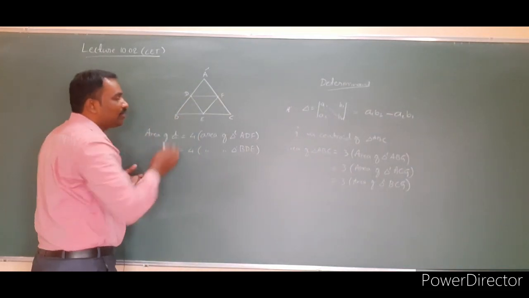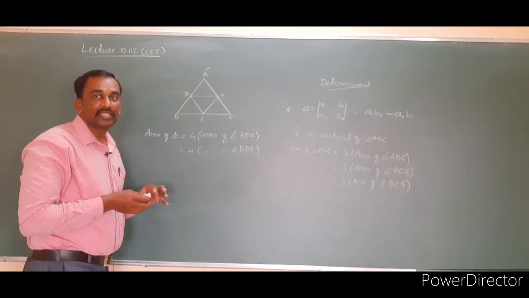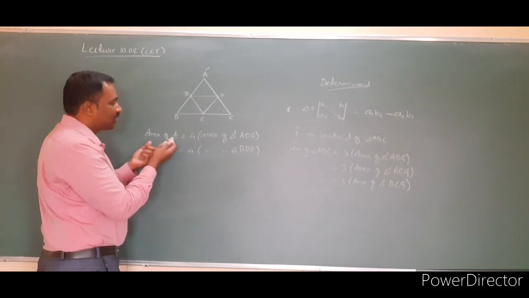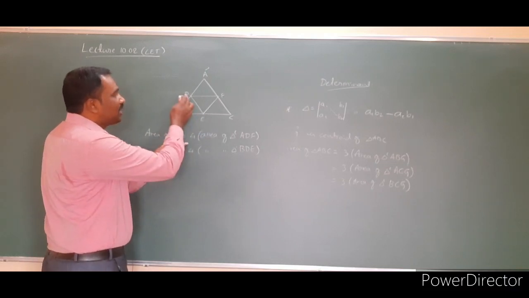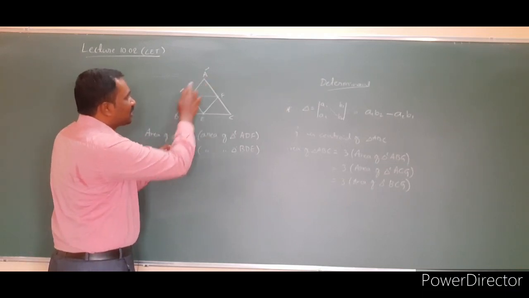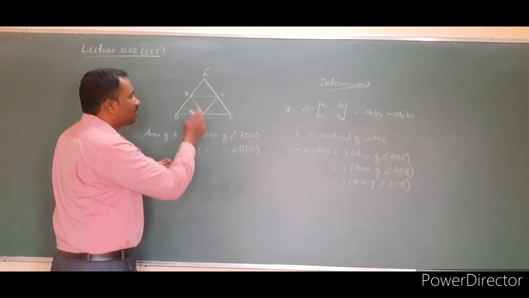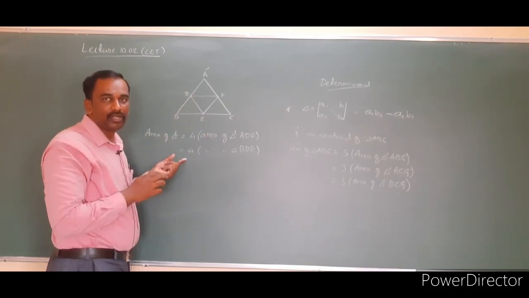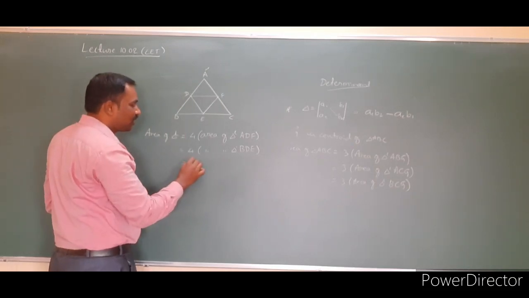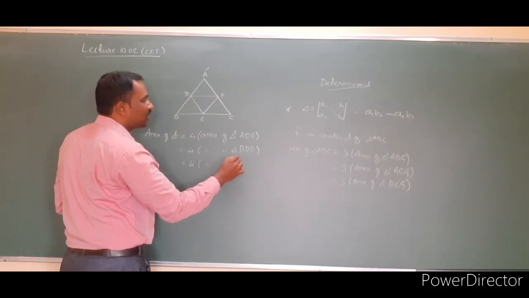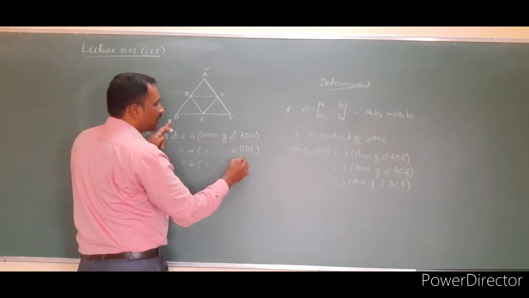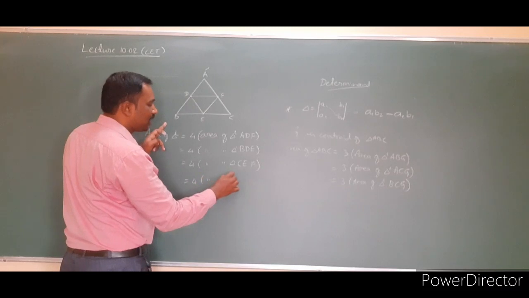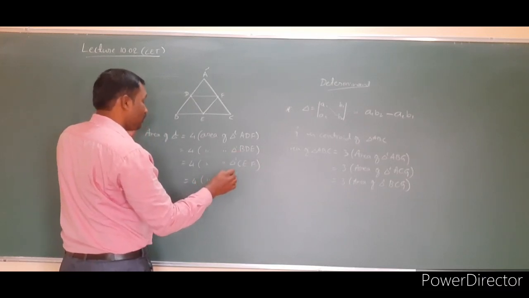So whenever the midpoints of all three sides are given, we can find the area of the triangle as 4 times the area of the triangle ADF, or 4 times BDE, or 4 times CEF, or 4 times the area of the triangle DEF.